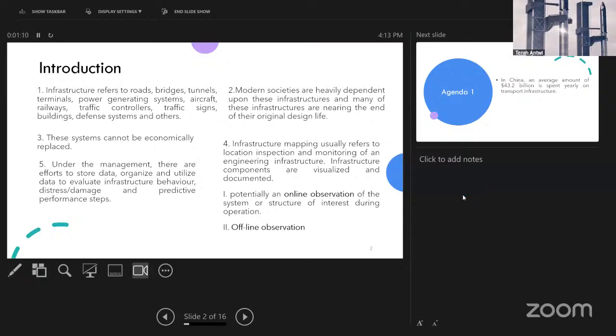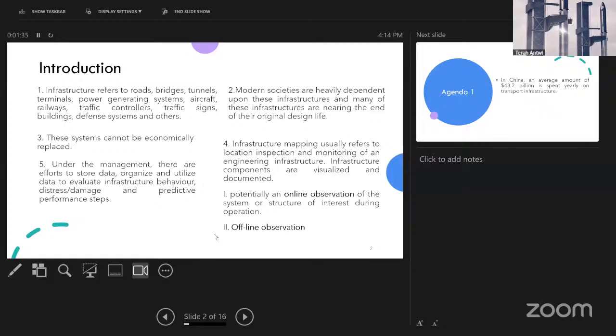If we want to go far, we can talk about power generating systems, aircraft, and en route to our various workplaces, traffic controllers or the bridges we fly on. And then we can talk about defense systems. These are all infrastructures that we can consider.